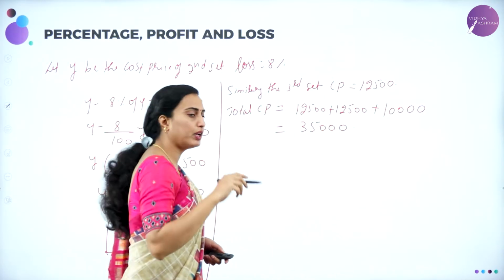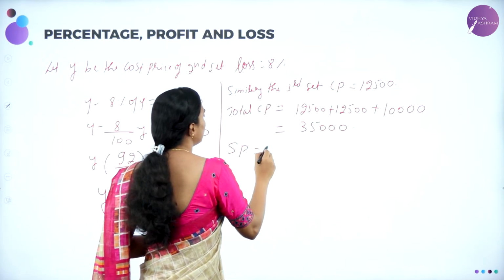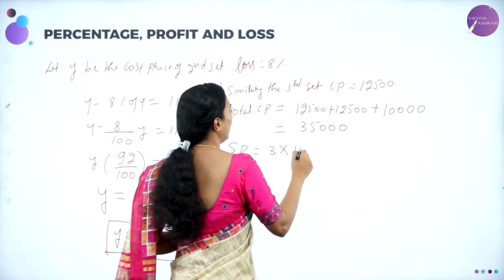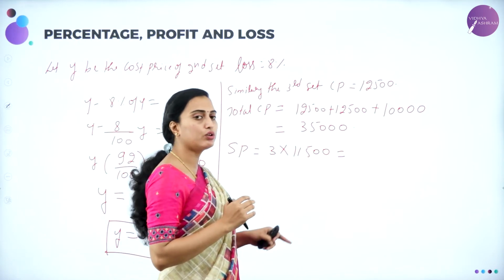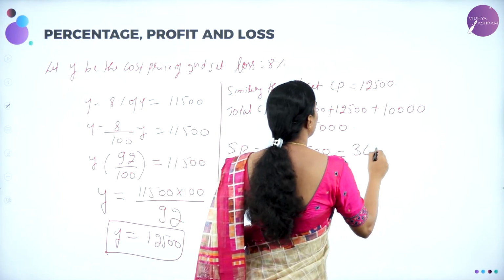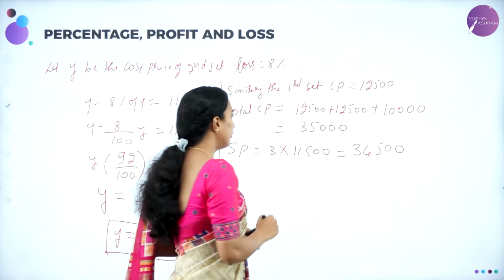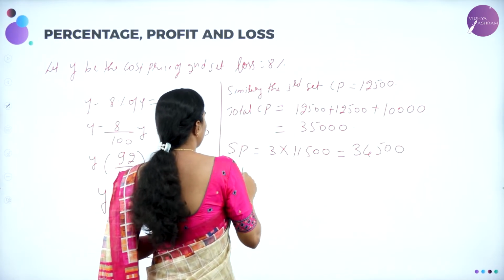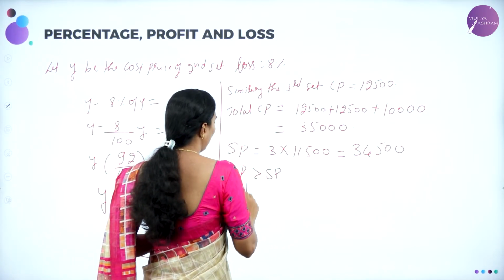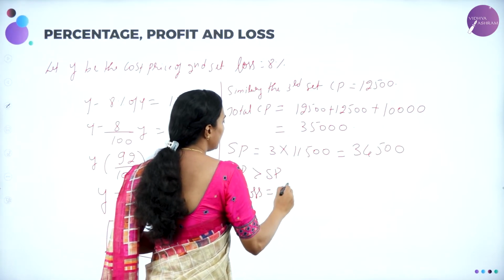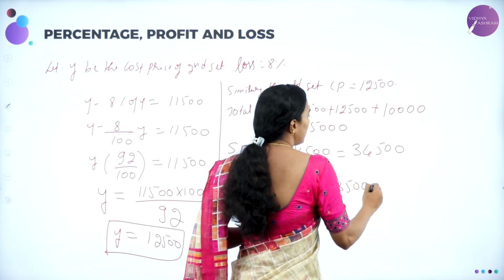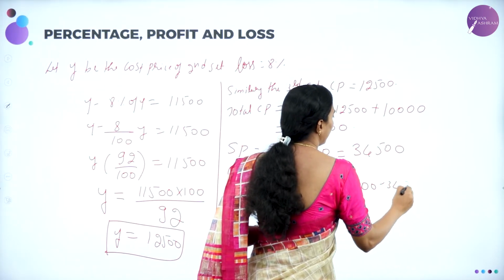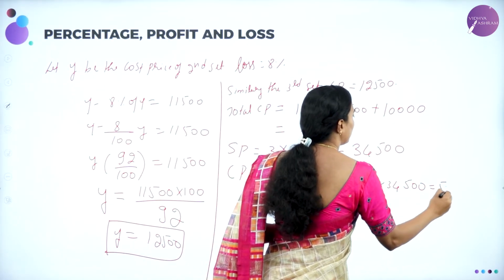Correct? Now the selling price, what will it be? SP will be equal to 3 into 11,500. He is going to sell 3 sets for 11,500 each, which is 34,500. Therefore here CP is greater than SP. Therefore loss will be equal to CP minus SP, which is 35,000 minus 34,500, which is equal to 500.